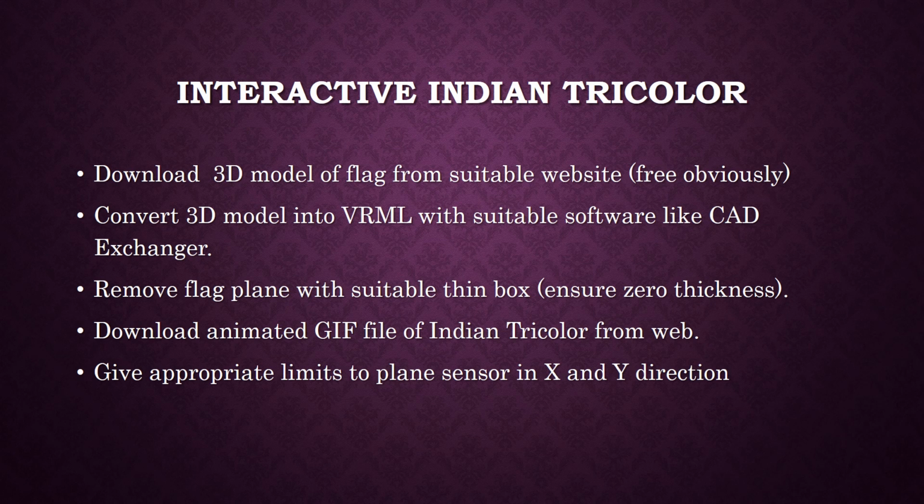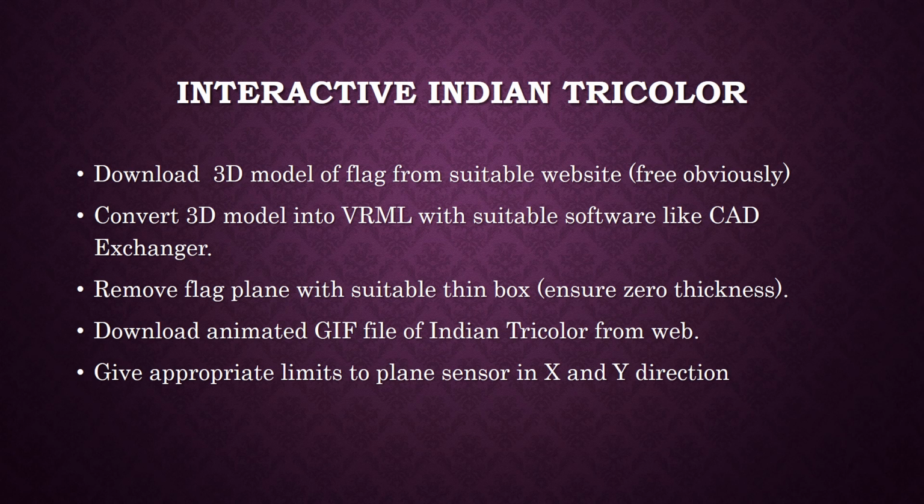Then the interactive tricolor is the second object that we will be creating using the plane sensor. Again, the steps are same as of the previous object. Download the 3D model of flag from a suitable website. Of course, you can download a free model.